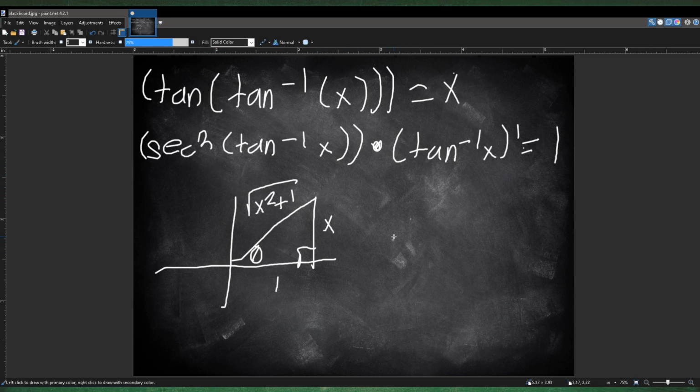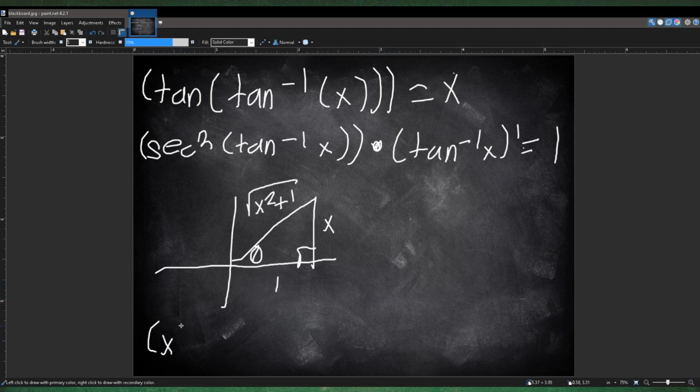So secant squared of theta is equal to the hypotenuse, square root of x squared plus 1, over the adjacent, which is 1. Don't forget the squared, because this is secant squared. Since it's divided by 1, we just square it, so the square root goes away and you have x squared plus 1.